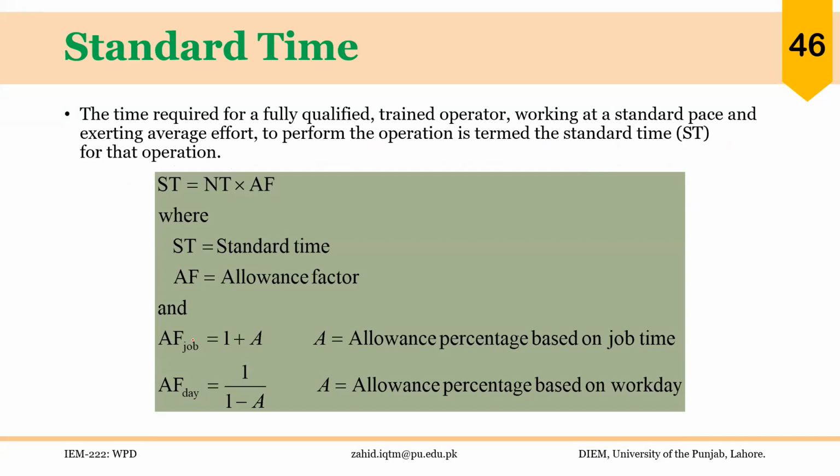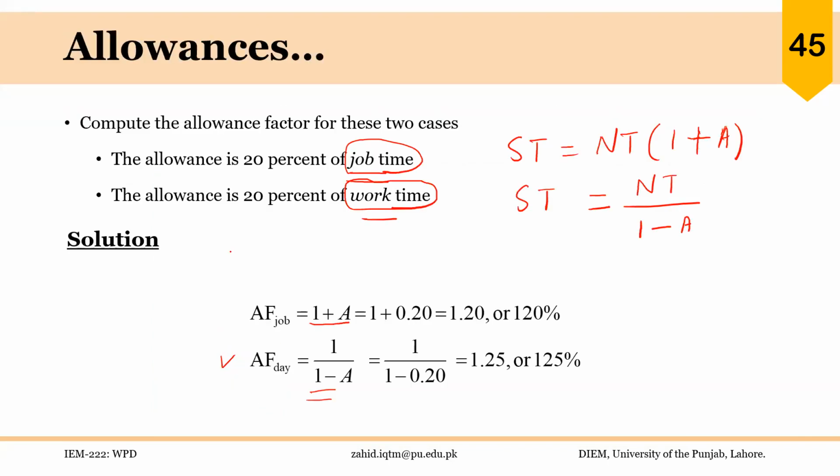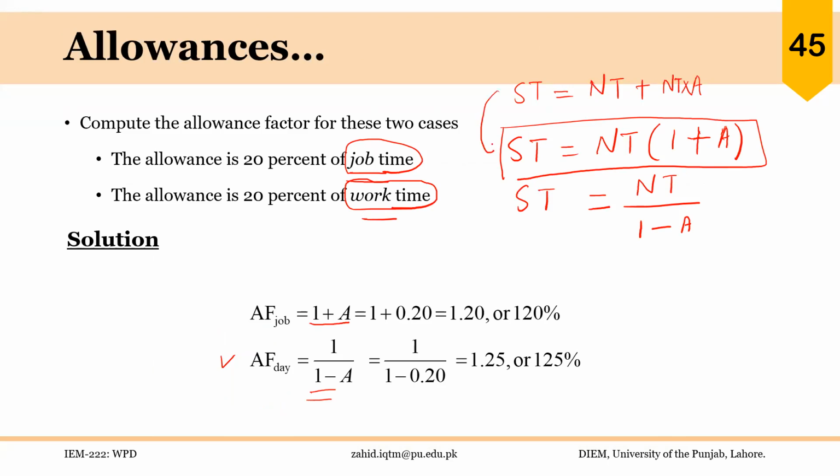So this is multiplied with the normal time to find the standard time. This is the formula that you should keep in mind. And I hope you remember where we got it from. We got it from here: the standard time is the normal time plus allowance as a percentage of normal time. So from here, we have derived this formula.